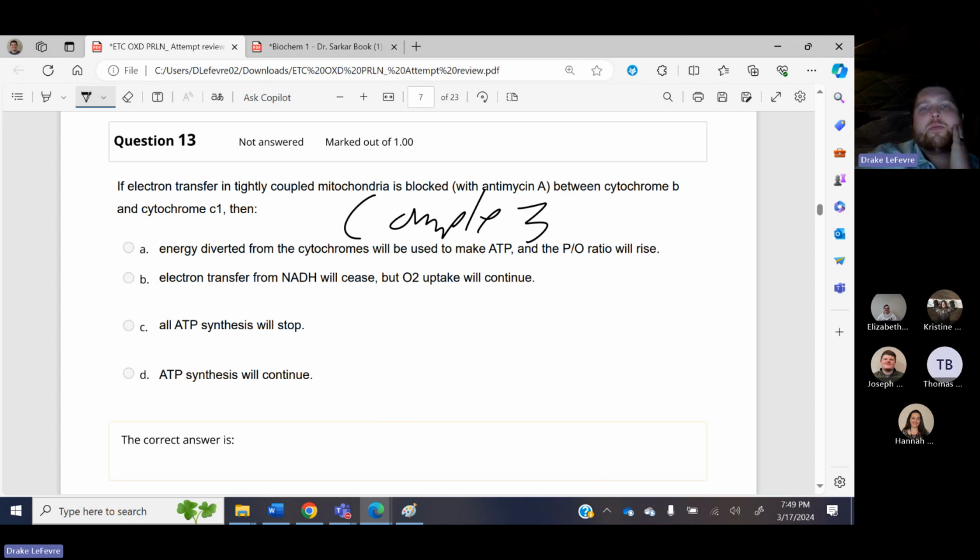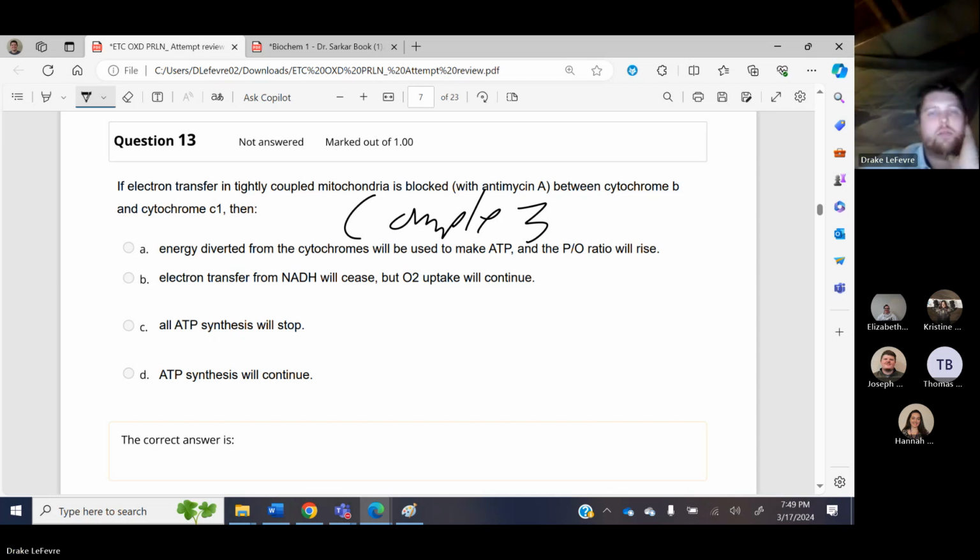Energy diverted from the cytochromes will be used to make ATP, and the pH ratio will rise. Electron transfer from NADH will cease, but O2 uptake will continue. All ATP synthesis will stop, or ATP synthesis will continue. C is the correct answer.